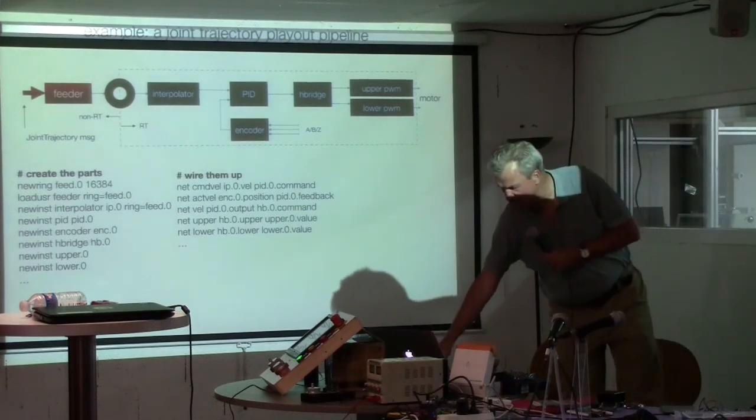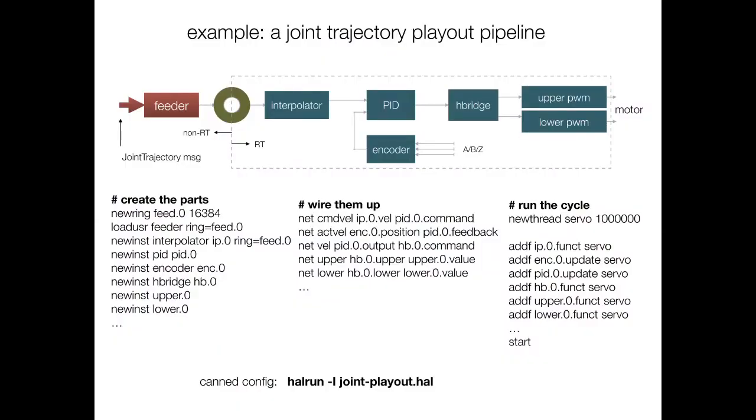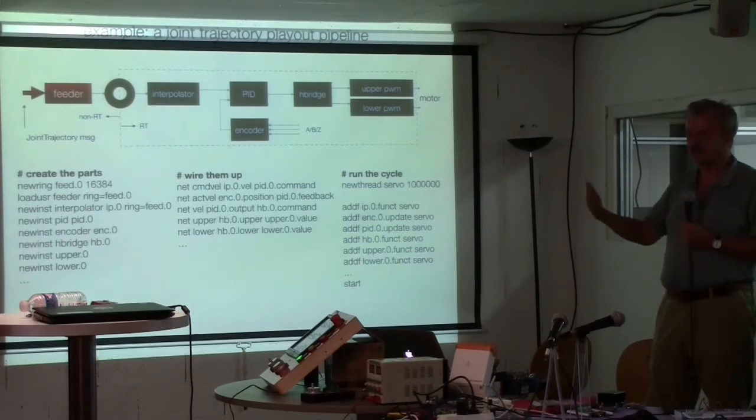So you wire them up, and the last stage is you need to get the whole thing to life. To execute that, the execution model of HAL is a cyclic model, meaning it runs a chain of functions, maybe 1,000 times a second is a standard rate.